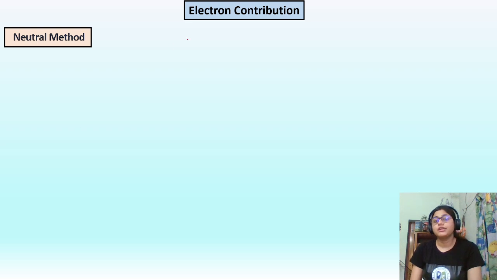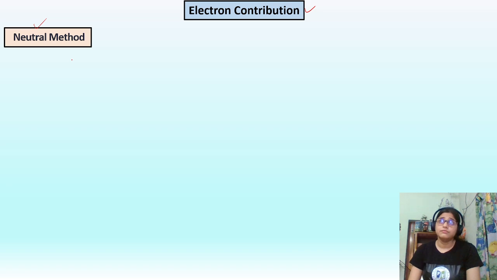Now, electron contribution. We know how metals are attached and how we can represent that, but we have to actually count the electrons, because in the 18 electron rule we have to count the total electrons of a metal. There are two methods, the neutral method and the ionic method. It is my advice that you practice all the questions in the neutral method only, so that you are never confused.